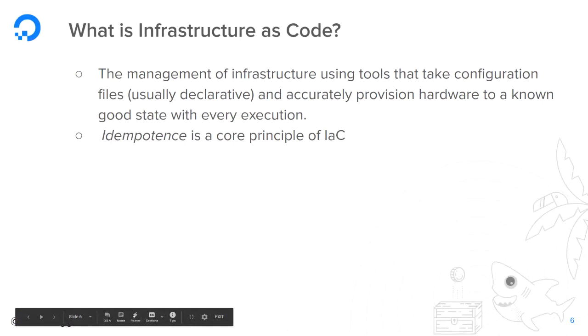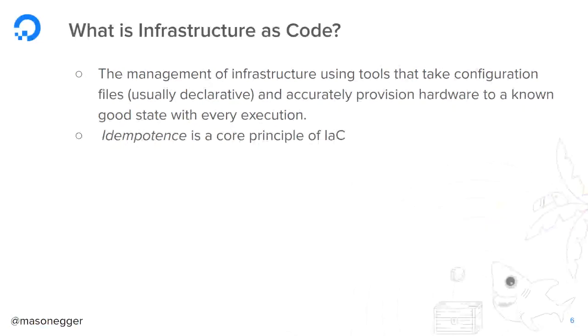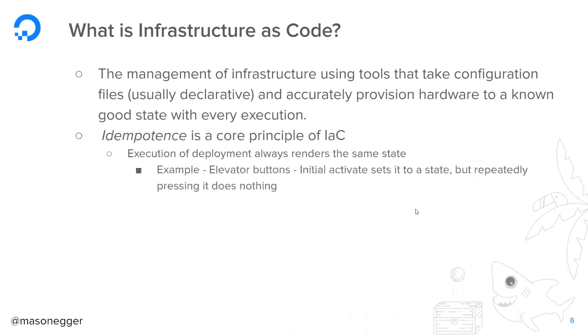Idempotent is a big core principle of infrastructure as code. This means that execution of deployment always renders the same state. An example of this you can imagine are elevator buttons or crosswalk buttons. Whenever you push these buttons, it sets the state to, hey, I want to call the elevator, or hey, I want to cross the crosswalk.